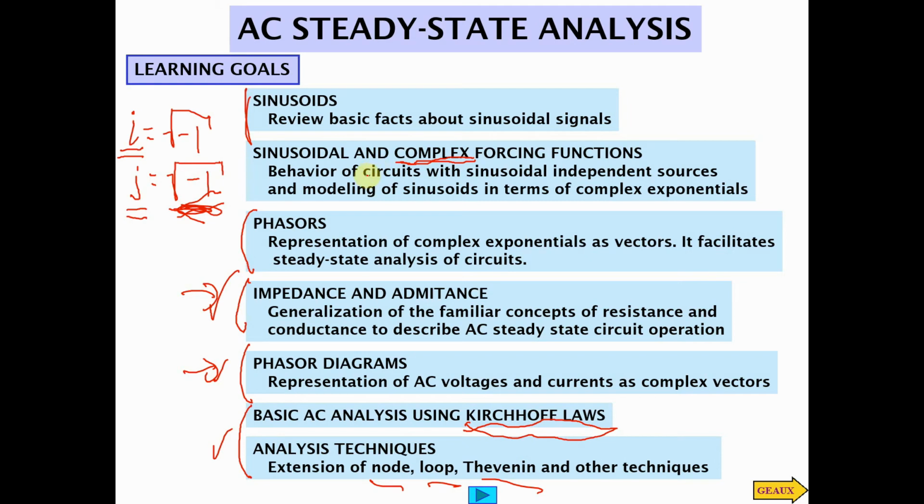A brushless DC motor, they take a DC input, they convert it to AC, and it's the AC that actually runs the motor.